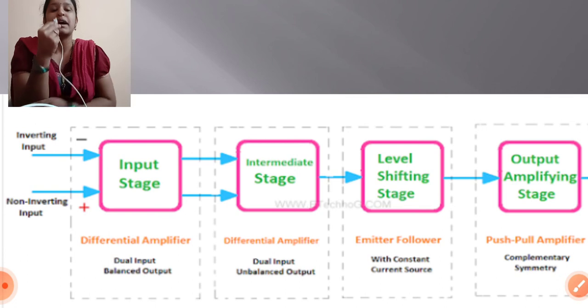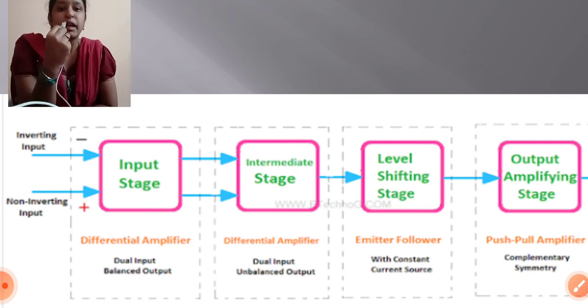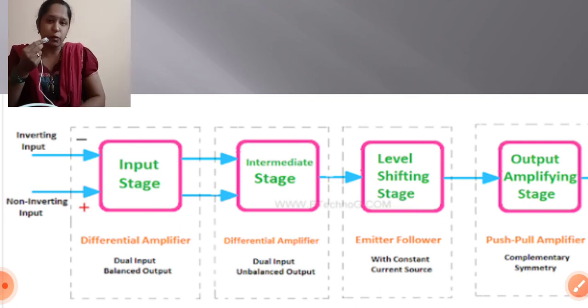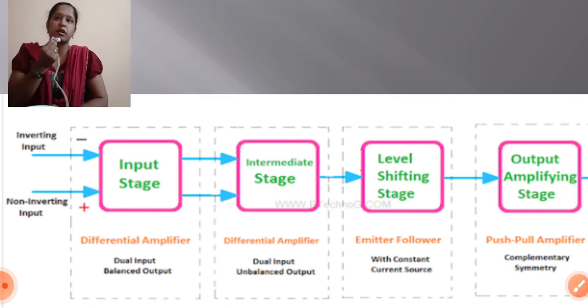In the dual input and balanced output stage, the input resistance is established. If you are providing the voltage, obviously the current will be there, or if the current is there, the resistance will be there by Ohm's law, V equals I into R. If the voltage is there, the current will be there, and the resistance is established as the input resistance, we can call it.